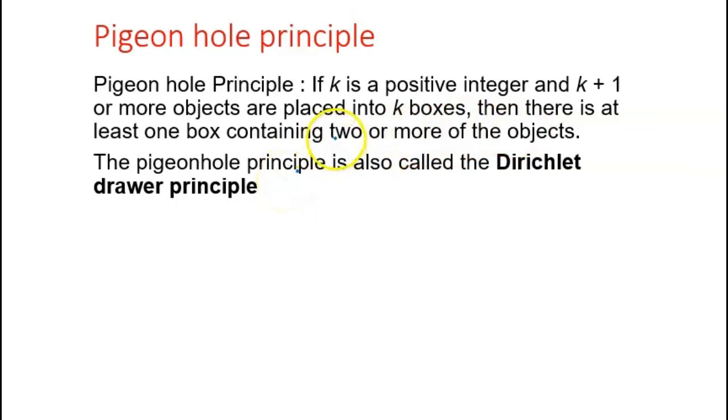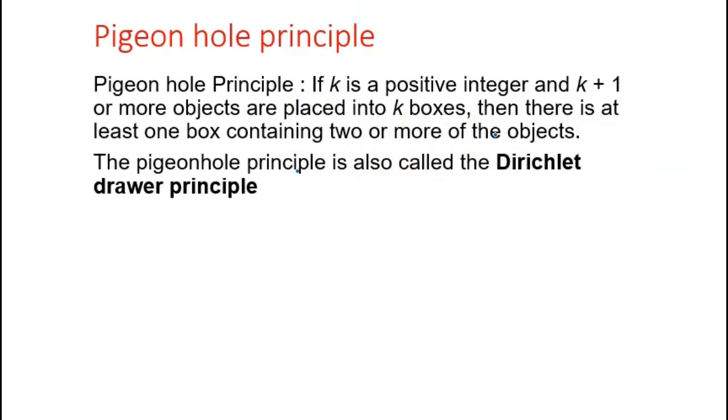The name pigeonhole principle is used because some authors also use the statement like: k plus 1 or more pigeons are occupying k holes, then there will be at least one hole which will be occupied by two or more of the pigeons.